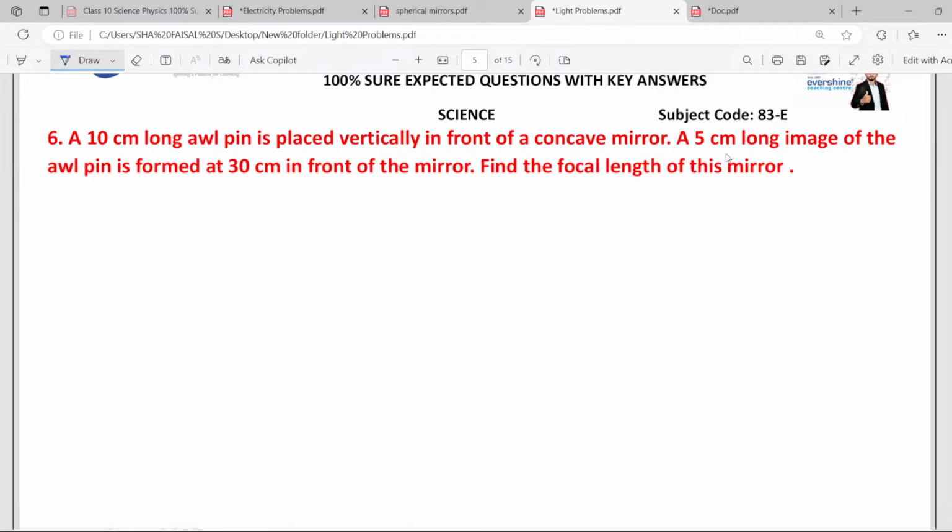This is a very important condition, vertically. And next they have given that a 5 centimeter long image is formed at 30 centimeter in front of the mirror. Find the focal length of this mirror.